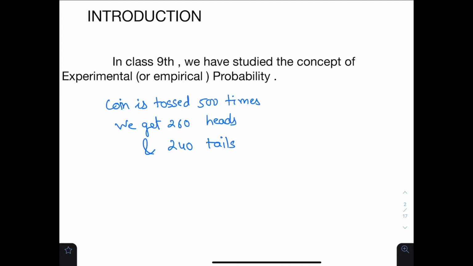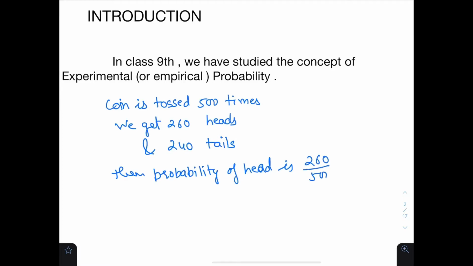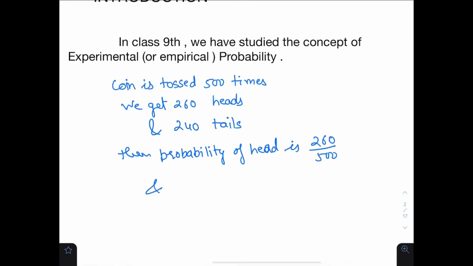On the basis of the actual experiment, the probability of head is 260 upon 500 and the probability of tail is 240 upon 500.